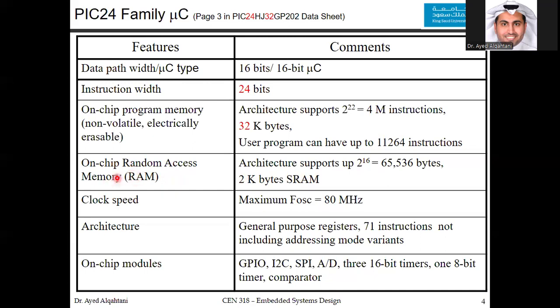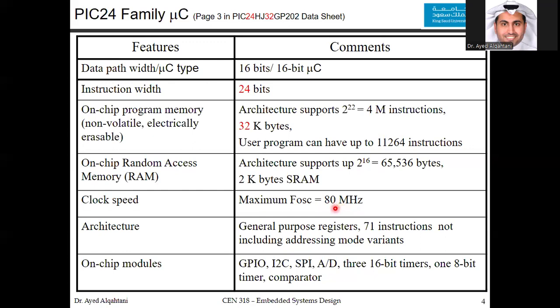data memory. The clock speed has a maximum of 80 megahertz. You might think that this is kind of low if you compare it to the frequency of modern processors. However, remember that this microcontroller will be part of the embedded system that is hidden inside a bigger system.